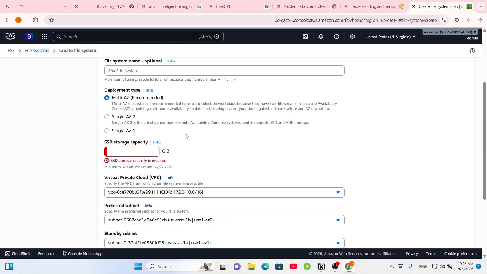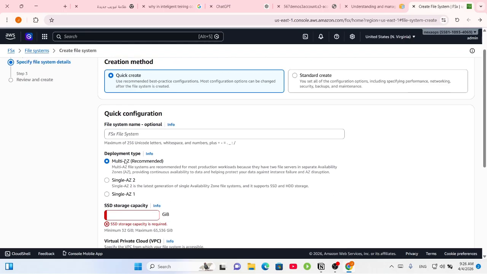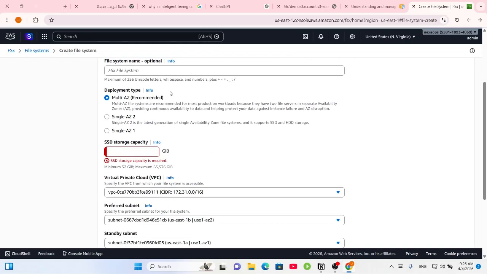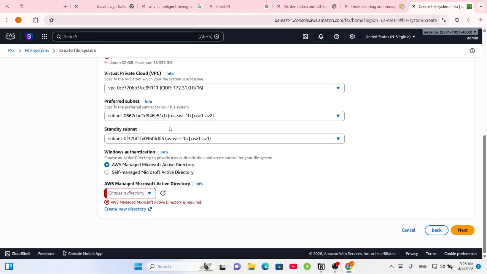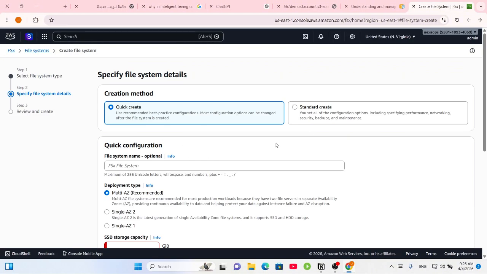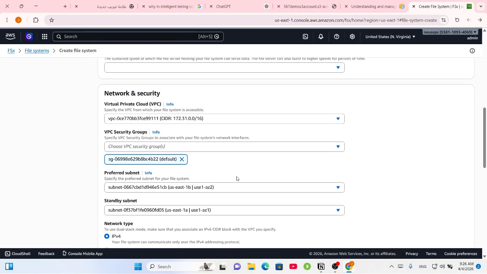Click next. You can choose if you want multiple availability zones, the name, the SSD capacity you need. You can choose the VPC, the subnets, standby subnets. All this, if you have AWS Managed Active Directory, you can just check, and you can create or standard create here.